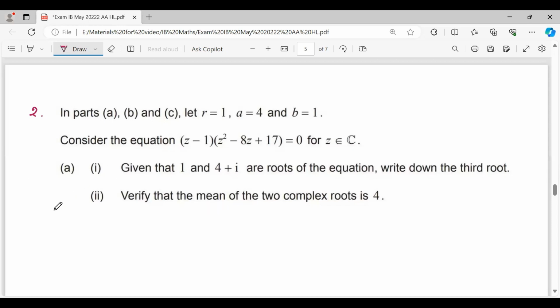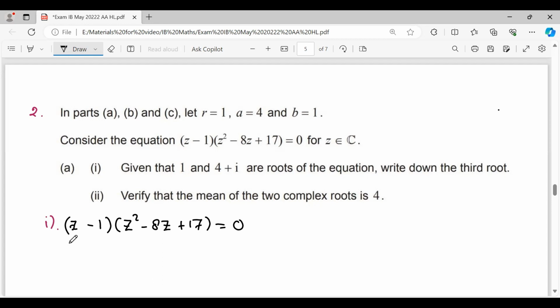Okay, firstly, this one. I'm going to change the color. So (z minus 1) times (z squared minus 8z plus 17) equals 0.